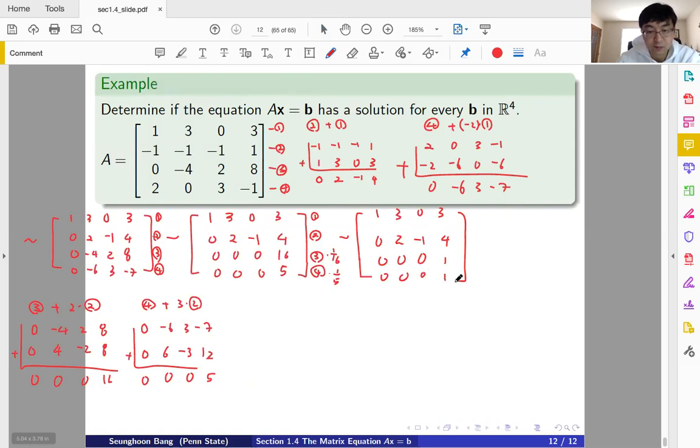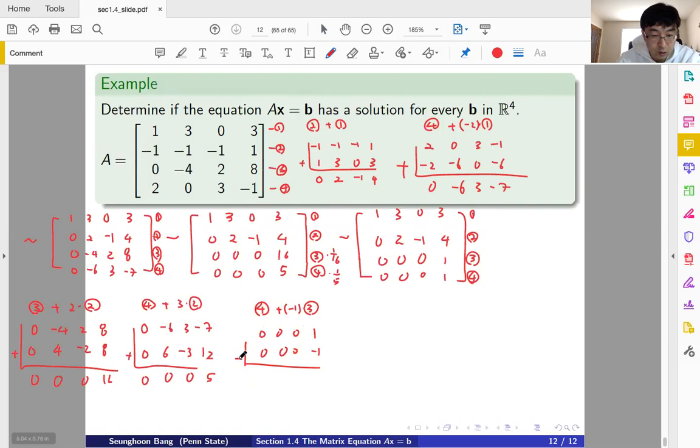The next: the fourth row plus -5 times the third row. What happens? The fourth row is 0, 0, 0, 5. The -5 times the third row is 0, 0, 0, -5.